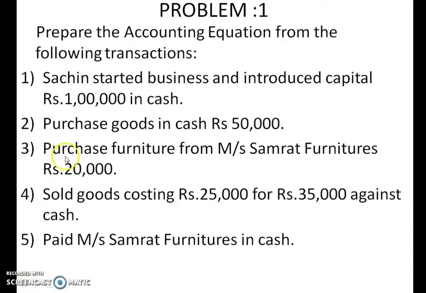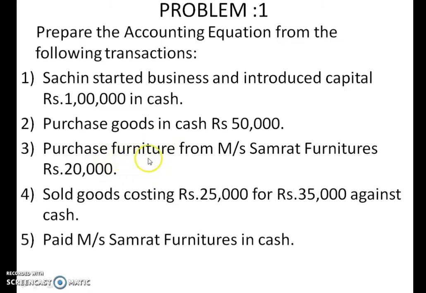Case 3, it is given: purchase furniture from Samrat Furnitures for rupees 20,000. So Samrat Furniture is a furniture shop and you are purchasing from Samrat Furniture for 20,000, and you can note here that it is not given that you have purchased this furniture in cash or that you have paid the money for purchasing this furniture.